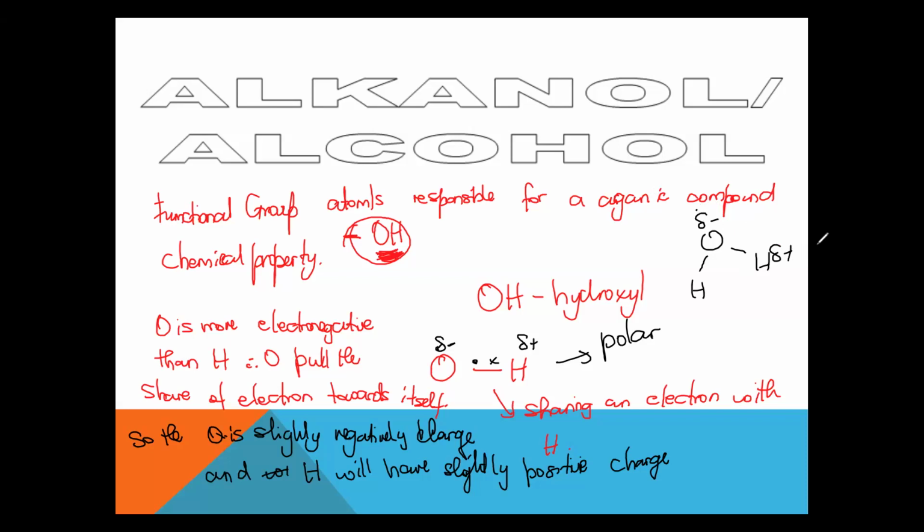Clear? So water is polar. So water has a slightly negative end and a slightly positive end. Alcohol has a slightly negative end and a slightly positive end. Are we clear? Can I clear the screen?